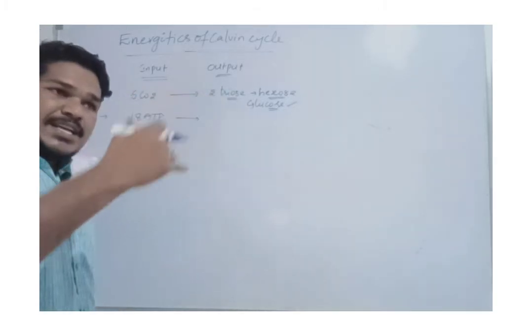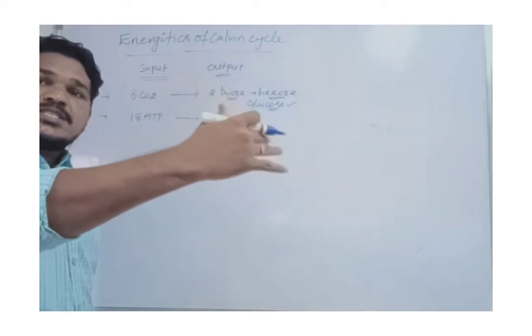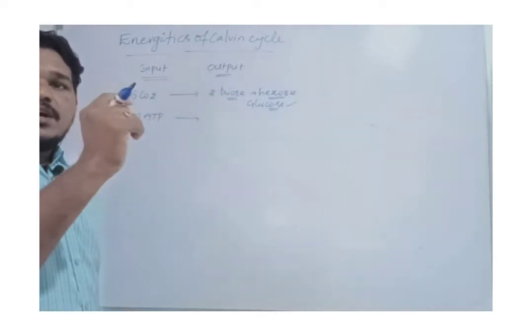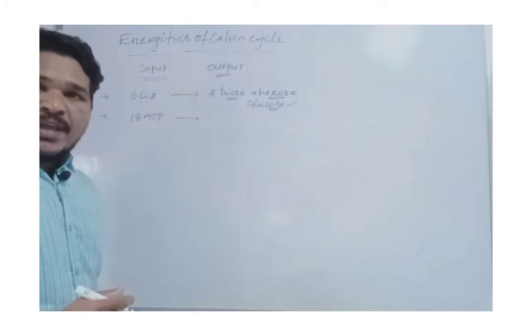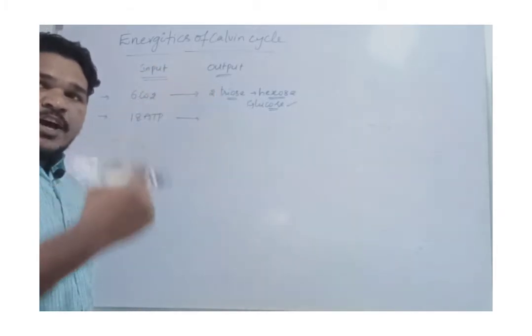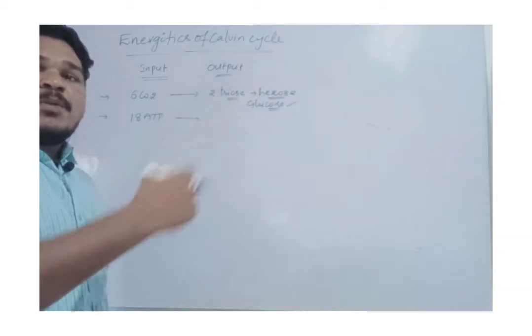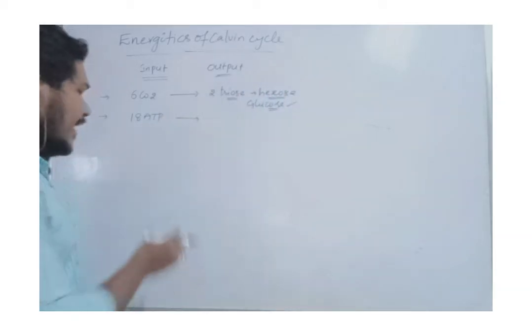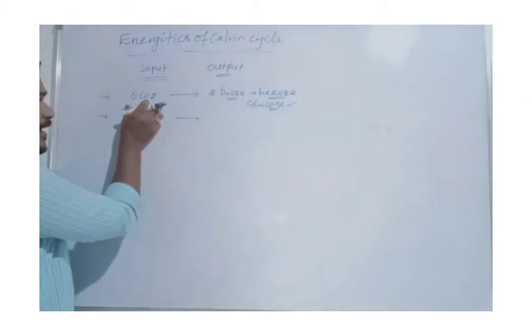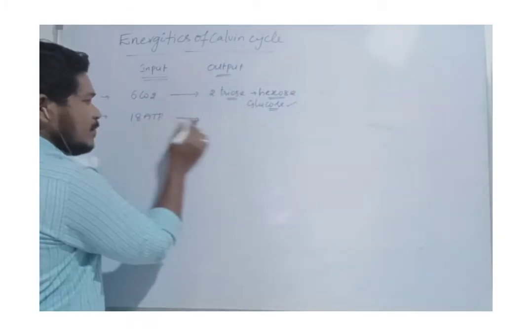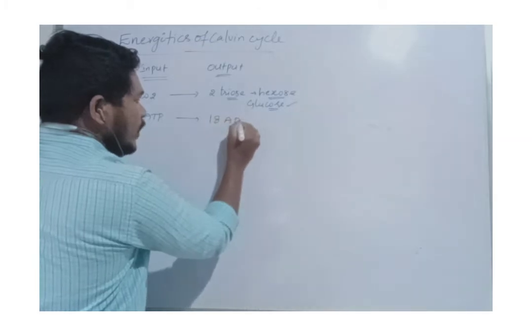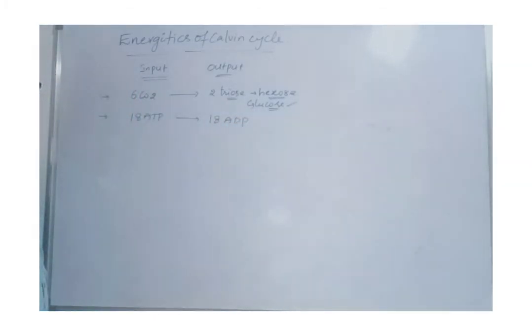In the regeneration of RuBP, at the last step, 6 ribulose 5-phosphate react with 6 molecules of ATP, so the regeneration of RuBP requires 6 additional ATP molecules. So these ATP molecules are further converted into 18 ADP molecules.